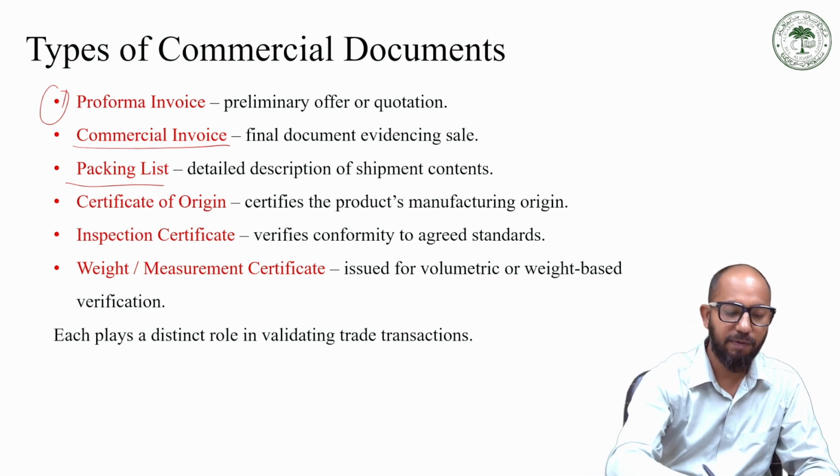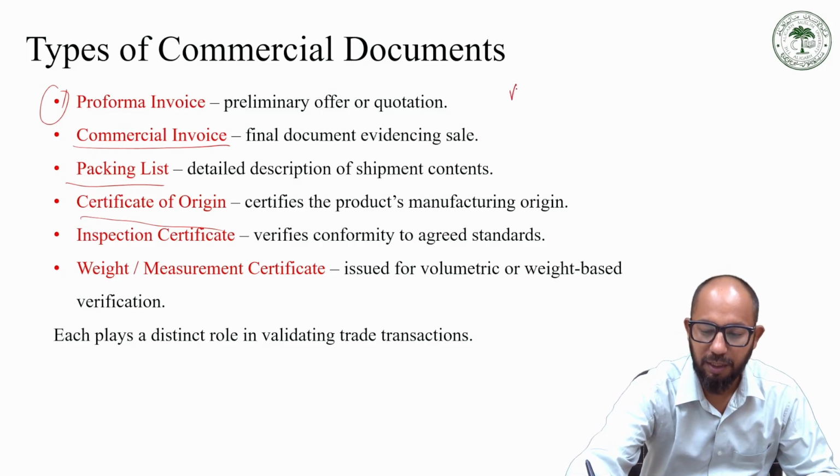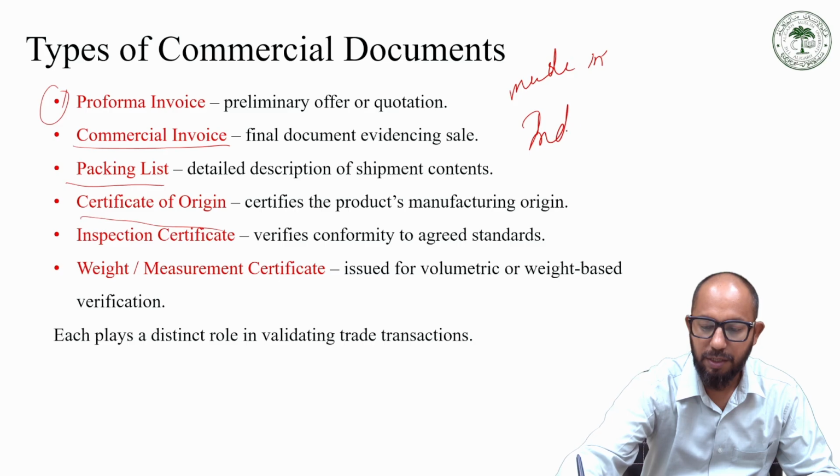The fourth type of document is the certificate of origin. This particular document tells from where the goods are originating. You all must have seen that in goods there is a label such as made in India.